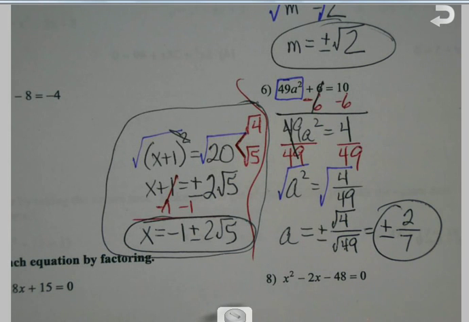Okay? So that was one section on the quiz where I definitely saw some issues going on. Because mainly what had happened is people took the square root too quick, and then they had all sorts of issues with things. So we want to try and hold off on that as long as we can.